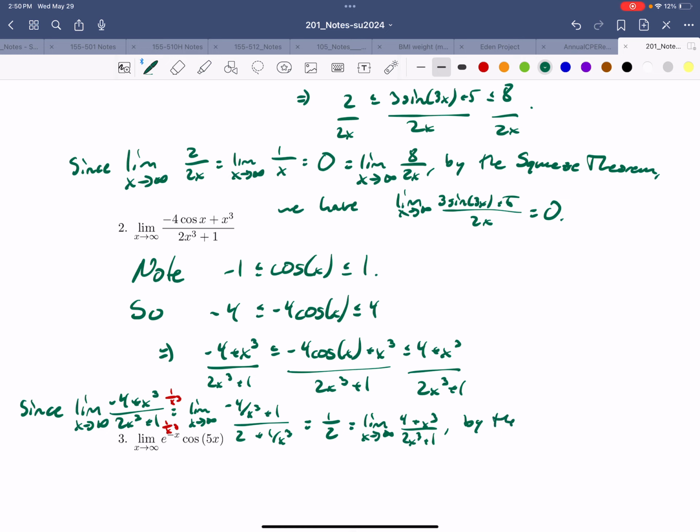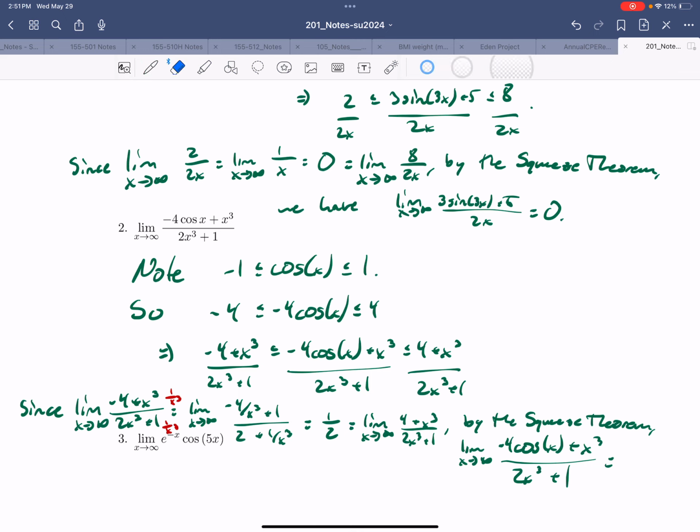And by the squeeze theorem, limit as x approaches infinity of the original expression. It's a lot of writing sometimes, but do you notice that the problem-solving process is just exactly the same every time?